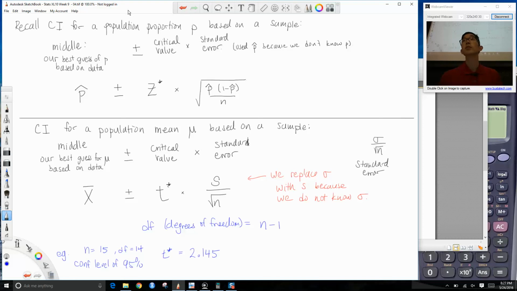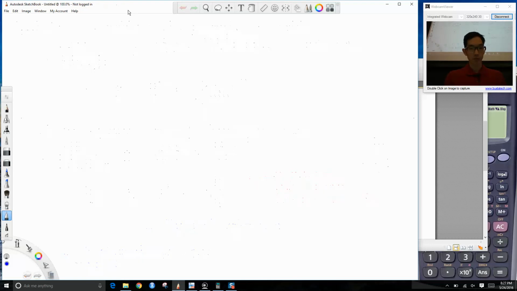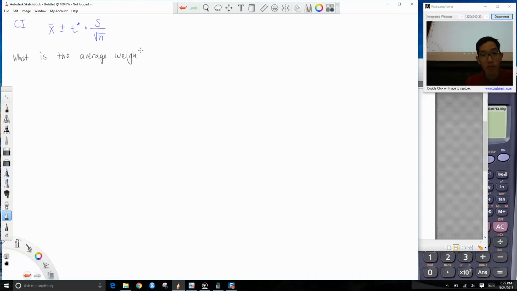Is that good? Okay, so let's try a problem out here. So again, our confidence interval is x bar plus or minus t star times s over the square root of n. So here we will say, what is the average weight, I don't know, of a dairy cow?